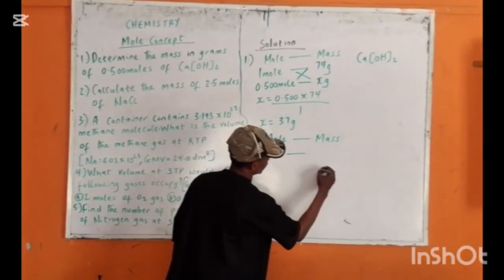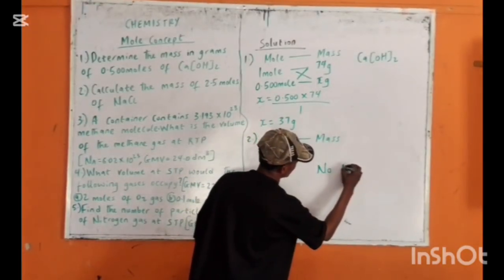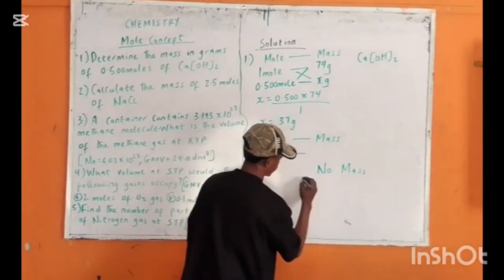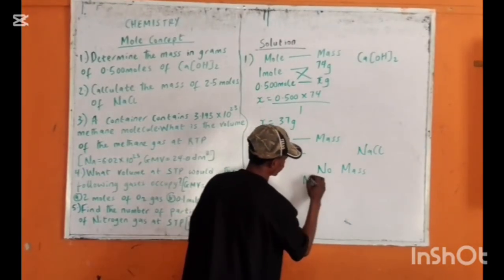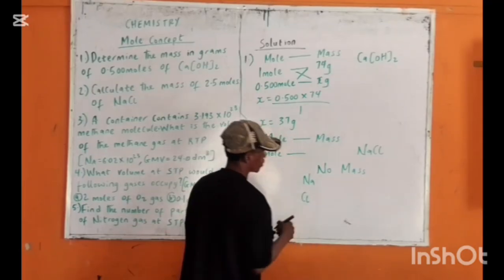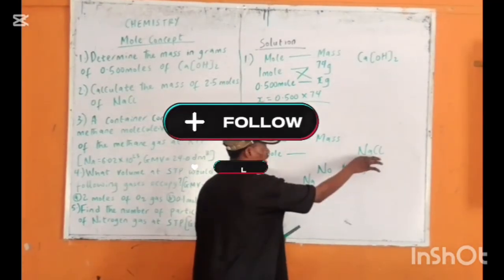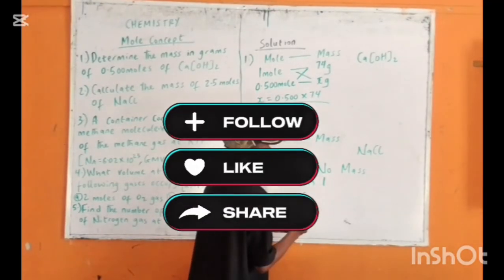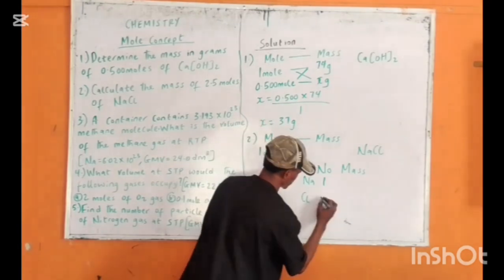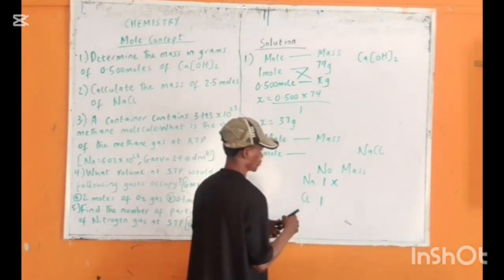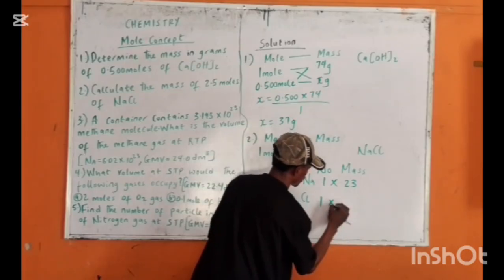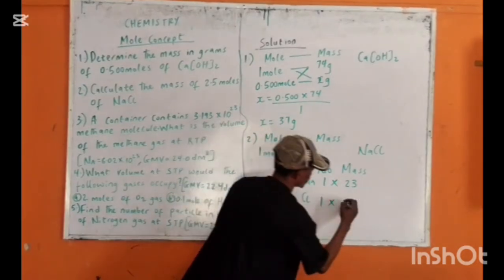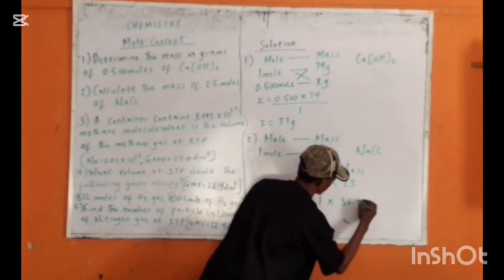So we have number and mass. We are solving for sodium chloride, so we are having sodium and then chlorine. How many sodium do we have here? 1. How many chlorine do we have here? 1. Multiplied by, what's the mass of sodium? 23. What's the mass of chlorine? 35.5.